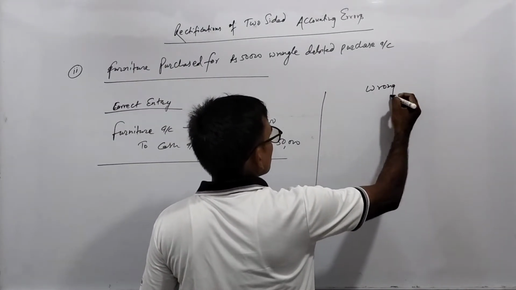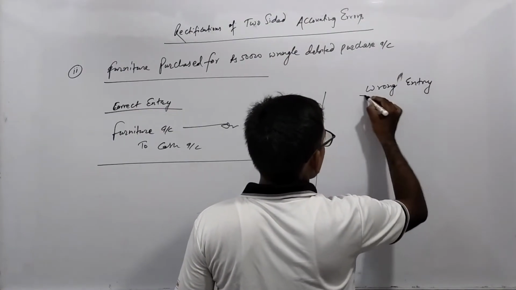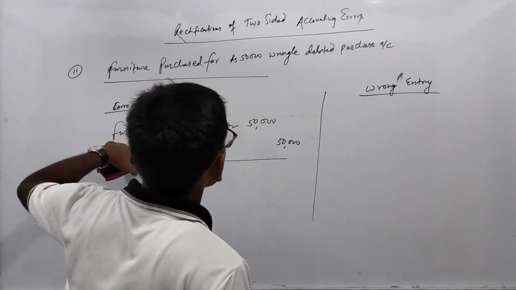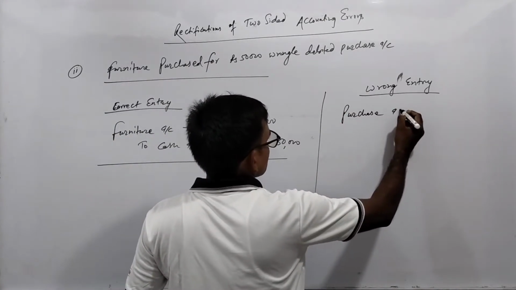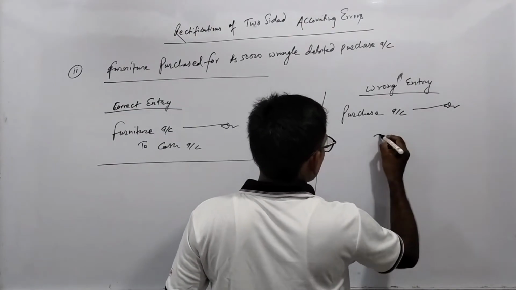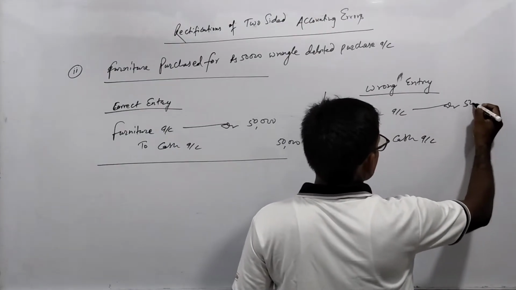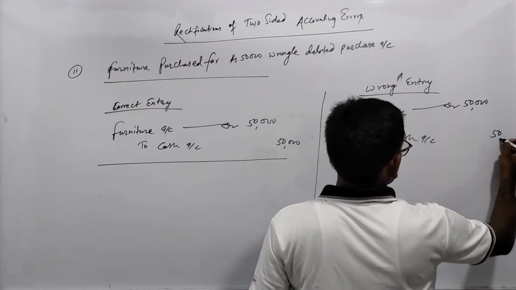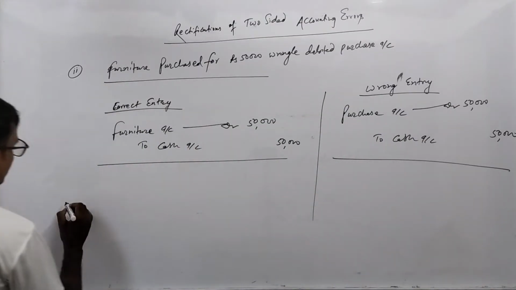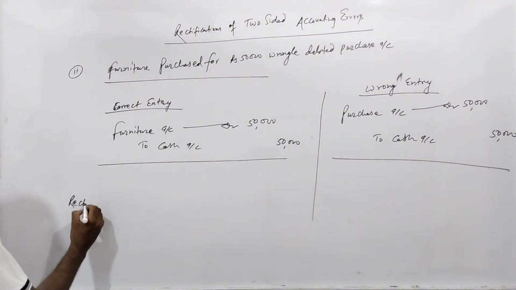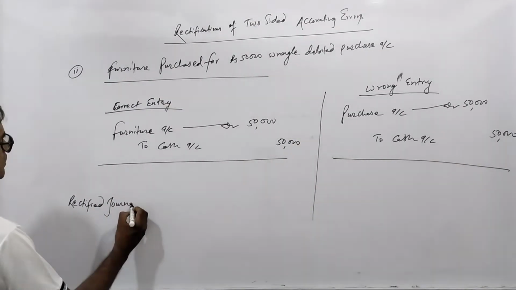He has passed a wrong journal entry. In place of furniture account, he has written purchase account debit to cash account. And your duty is to rectify them. So you have to pass the rectified journal entry.